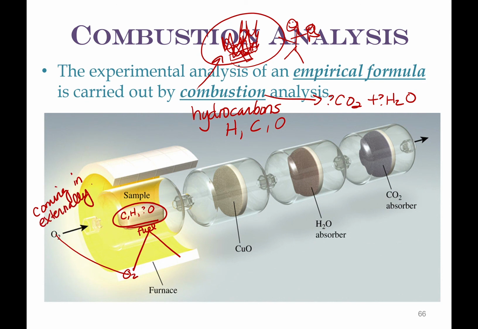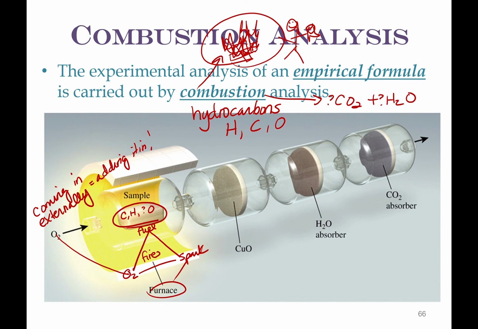So we're adding it in. Well, we have fuel, we have oxygen, and the furnace is going to be our spark or our heat. That gives us a fire triangle. You need all three of those things to have a fire triangle.